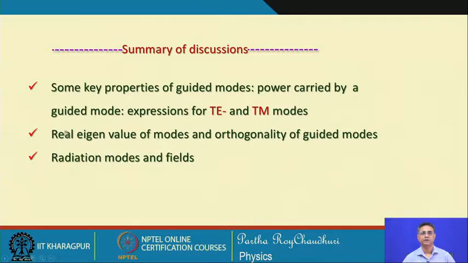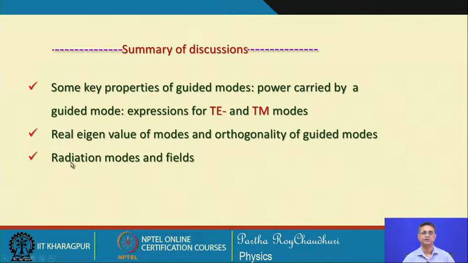Then we looked at the orthogonality condition. As a consequence, we found that the eigenvalues of the modes are real and the modes are orthogonal. Every mode is orthogonal to every other mode. We understood this in terms of the overlap of the two modes under consideration: the product of the wave functions integrated over the whole space is equal to 0, which is the orthogonality condition.